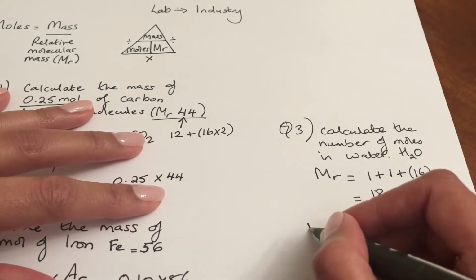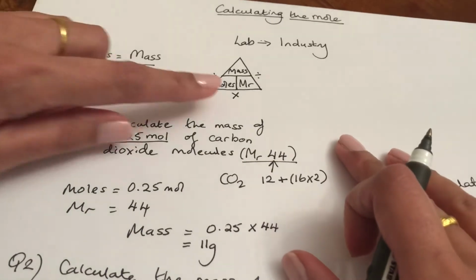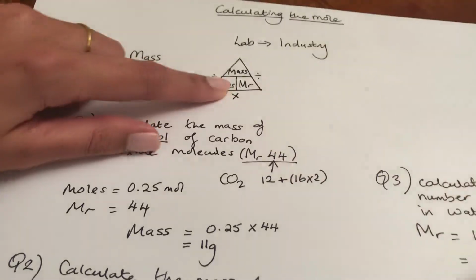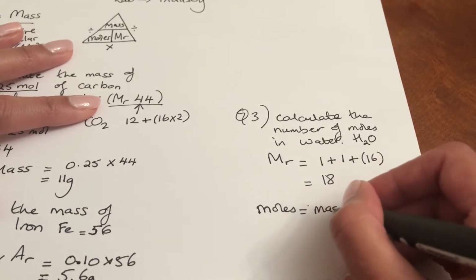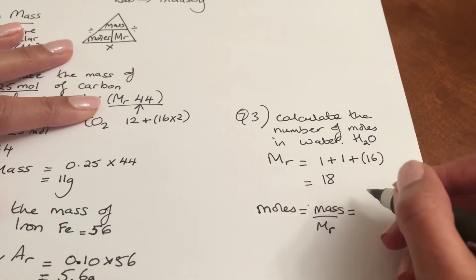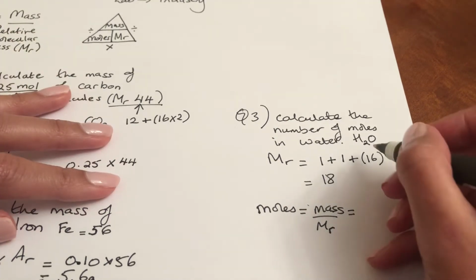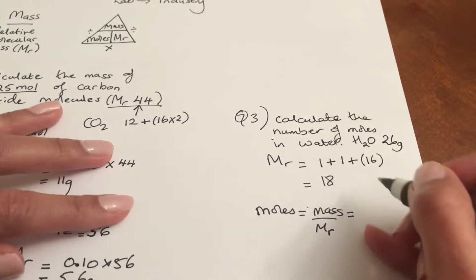So we want the number of moles. Let's go back to our triangle, so cover up moles, the equation is mass divided by the MR. So our mass, which I didn't give you in the question, I'm going to write it on now. Let's choose 26 grams.